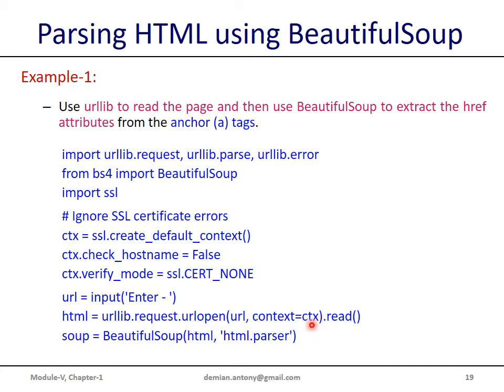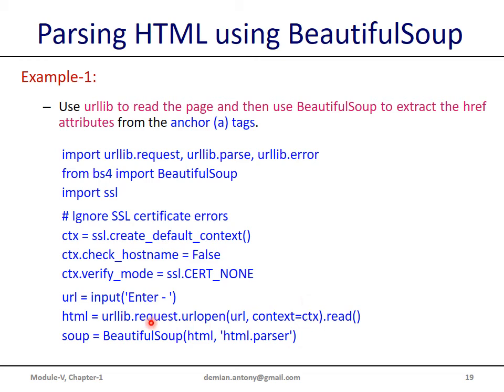This is the ctx object we have created here, where we are ignoring all the security related information. Then we read. So now html is a string containing the entire web page contents. The only difference between the previous program and this program is that we have a context.